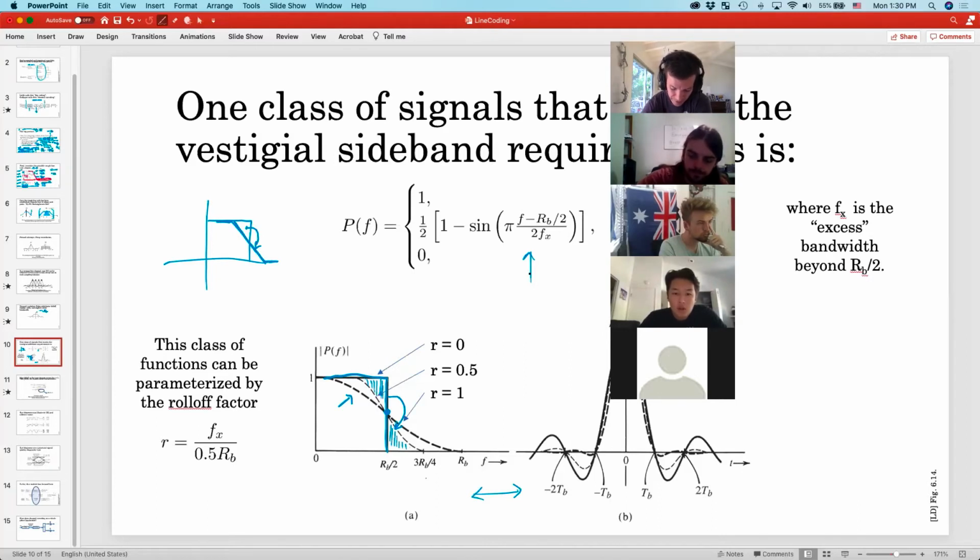But I think if we take these kind of test cases and we let fx be the excess bandwidth, for example, for this one, fx is 1/4 RB for a roll-off rate of 0.5. And so this relationship between excess bandwidth and roll-off rate is captured down here, a roll-off factor.